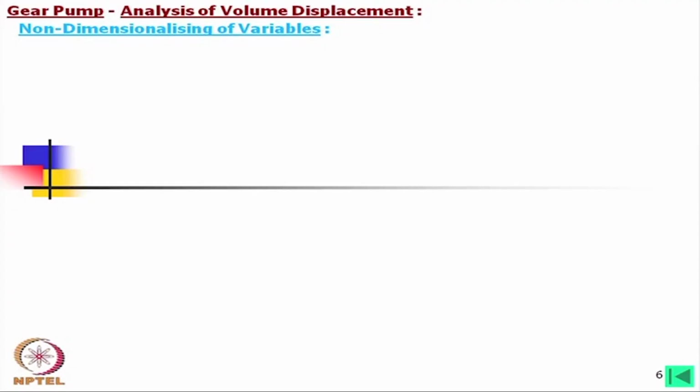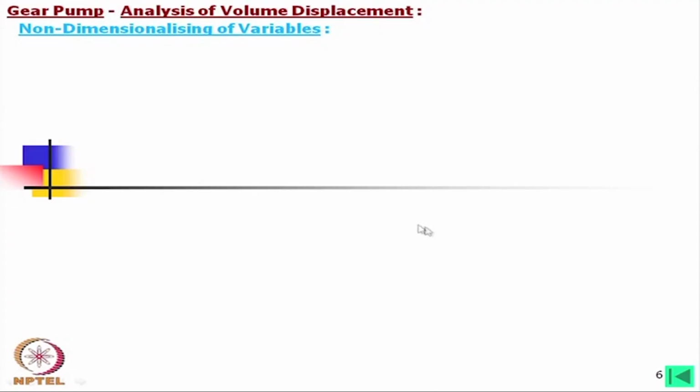That length is varying, but the area remains constant. In the case of this gear pump, the area is varying and the width remains constant. So, if we can analyze the variation of area with the shaft rotation, we can easily find out the volume displacement, and then considering the time rate we can find out the theoretical flow rate.